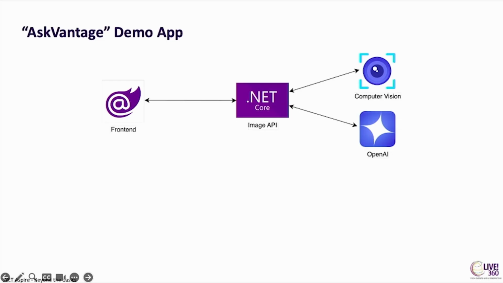Of course, I made a nice demo app to explain this not just in theory but in practice. This is the AskVantage demo app, and if you were in the workshop yesterday it will look very familiar because we spent the whole day working with it yesterday. This tool helps you study.